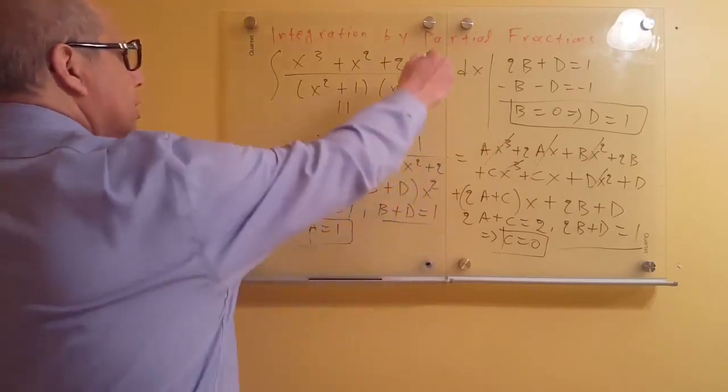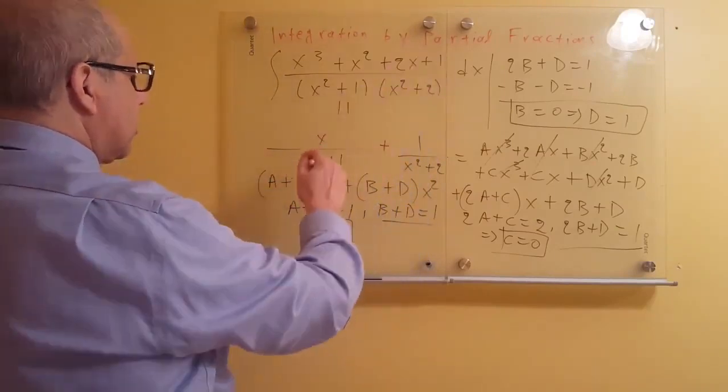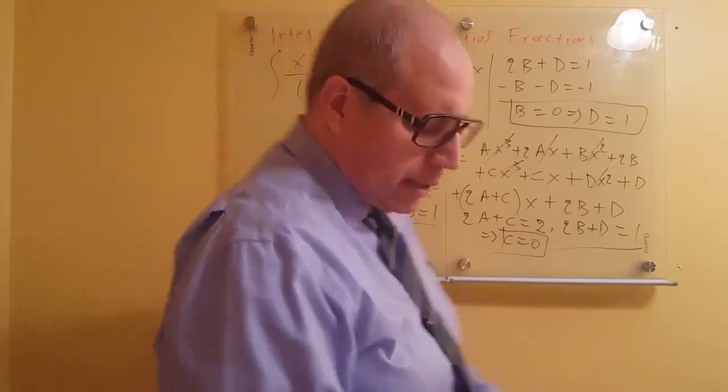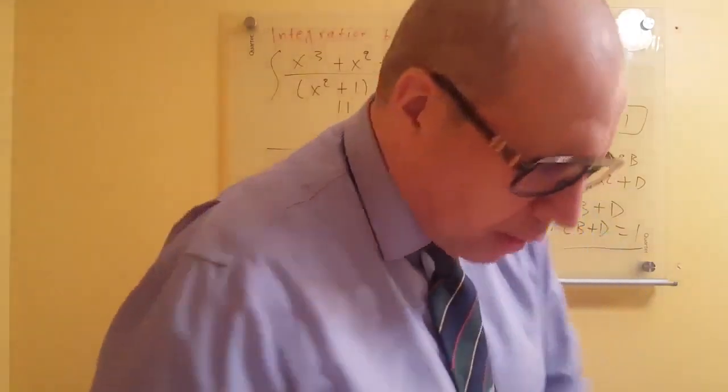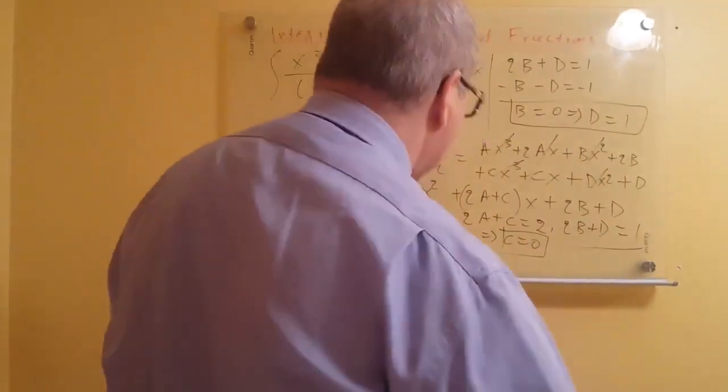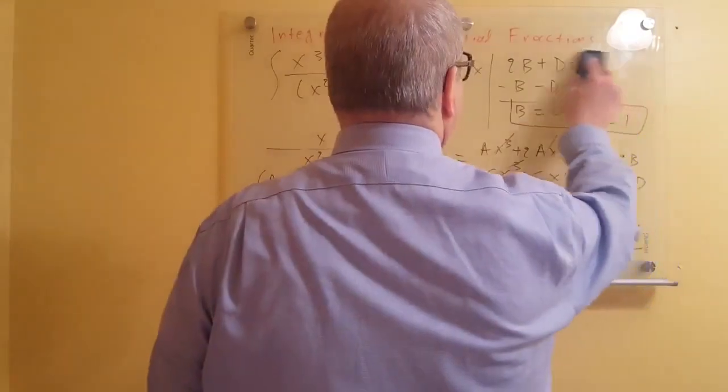So all these things here can be written as x over x squared plus 1 plus 1 over x squared plus 2. Now instead of finding the integral of this, we find the integral of what we have here. We can erase the rest.